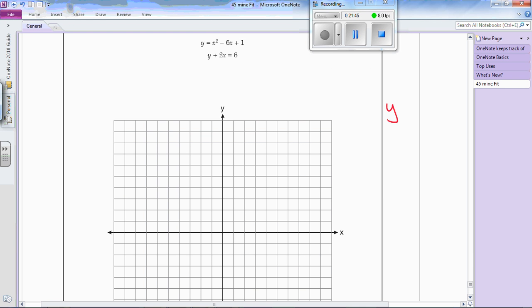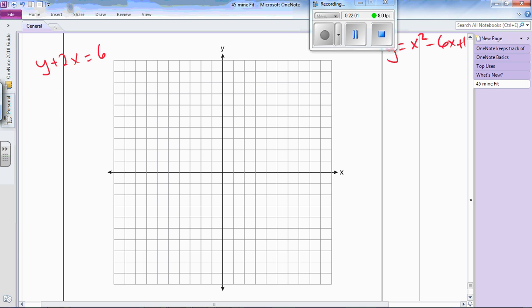Alright, let me write these down. y equals x squared minus 6x plus 1. And then over here I'll write y plus 2x equals 6. This is a parabola.